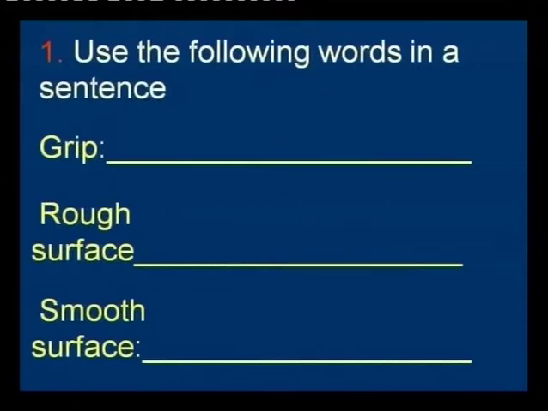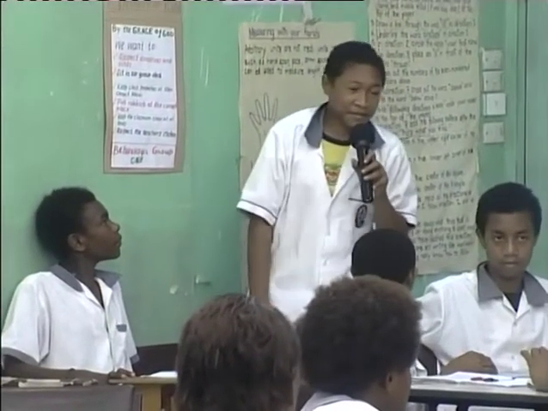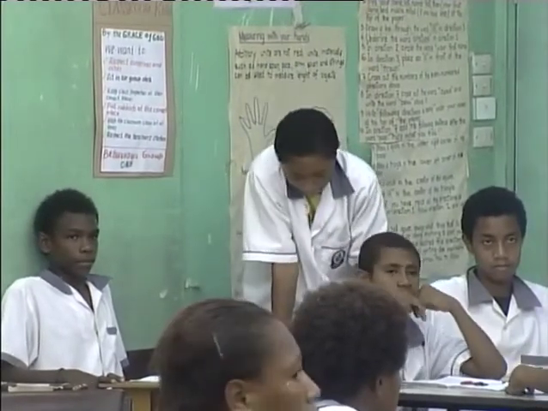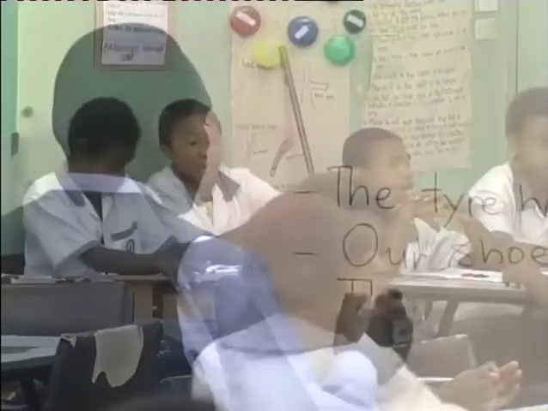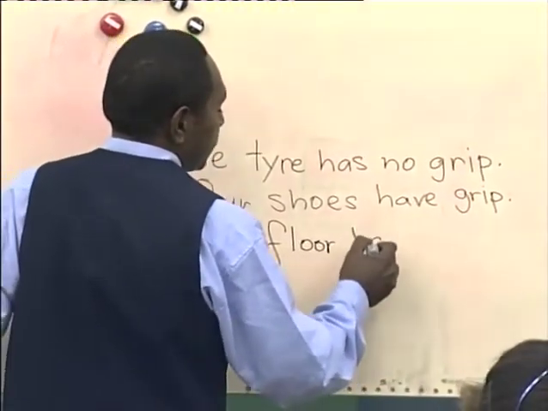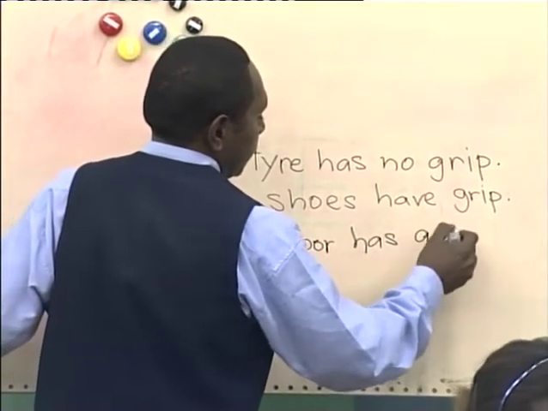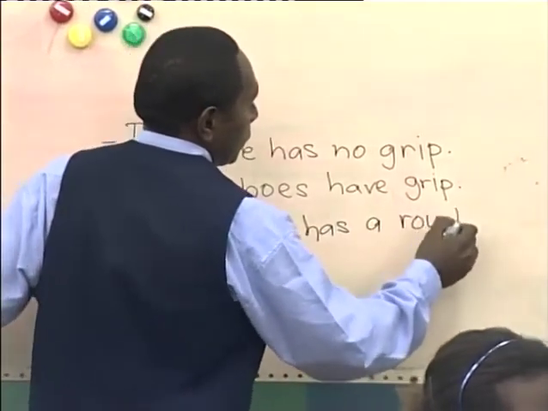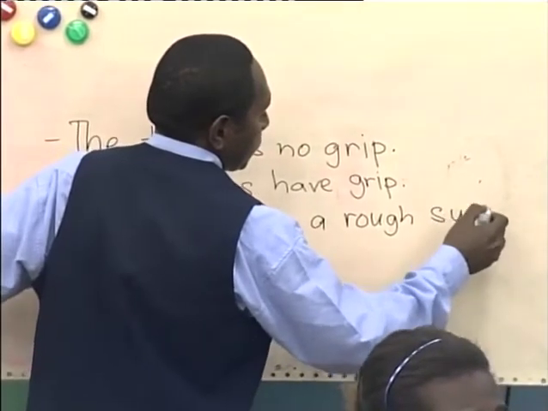Very good, receiving students. You tell your teacher. Uvao, rough surface. The floor is a rough surface. The floor. Is it? Okay, good. The floor has a rough surface.